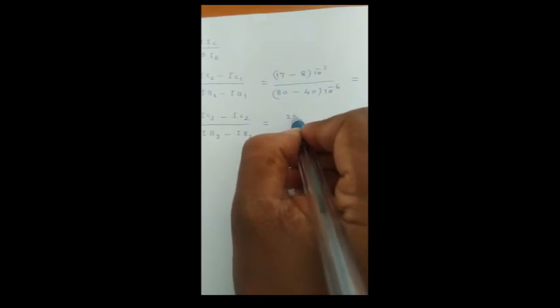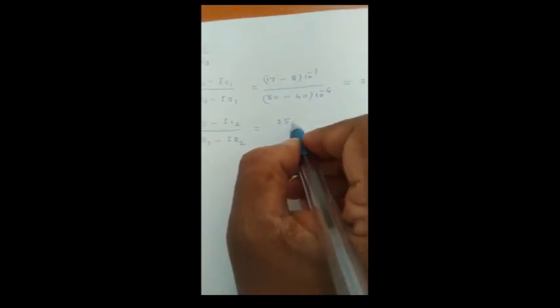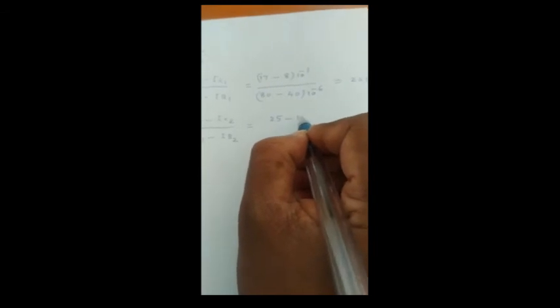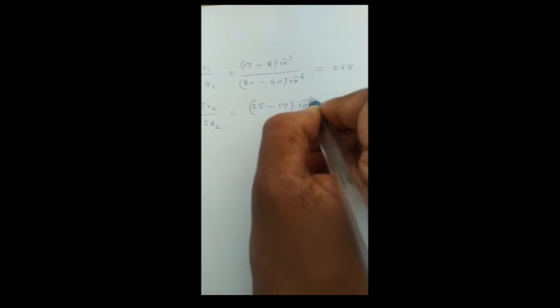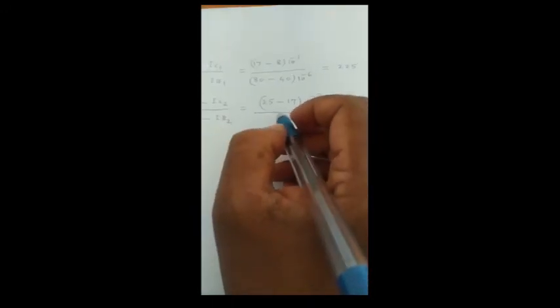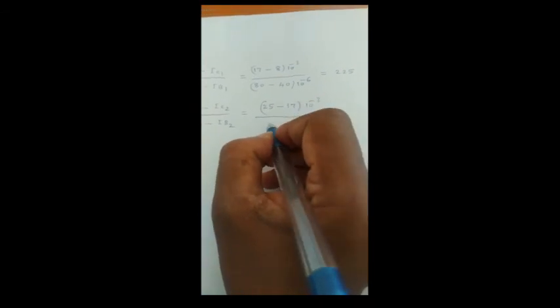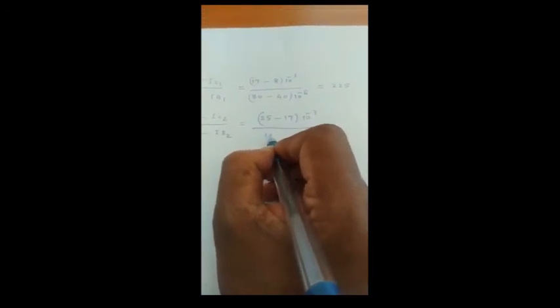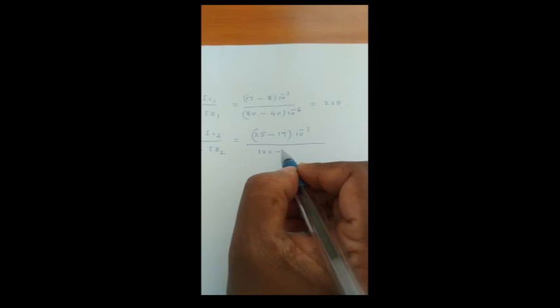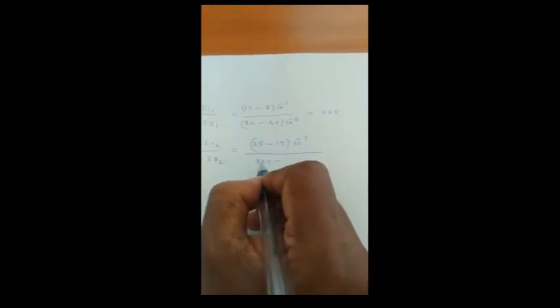It is observed that the saturated current for IC3 is 25 milliamps, and for IC2 it is 17. So take that as 10 to the power of minus 3. Divide that by IB3, it is observed to be 120. No, it is 80 only.